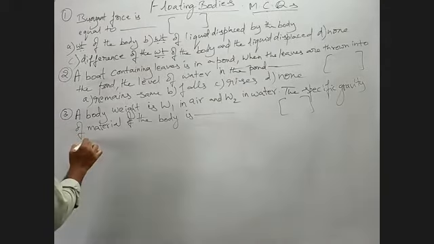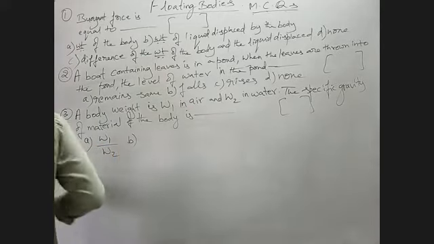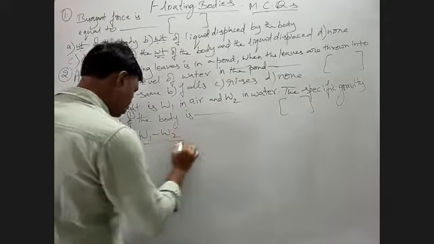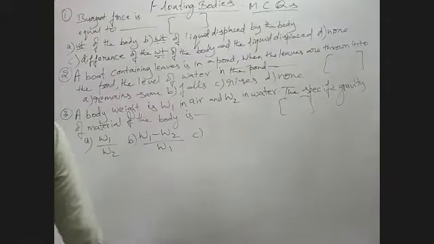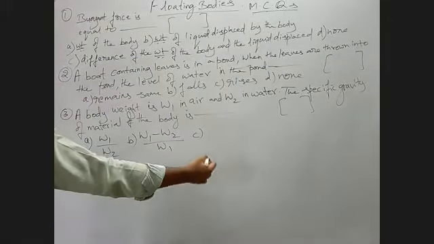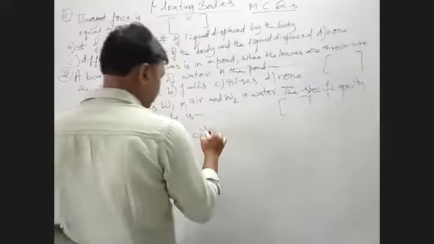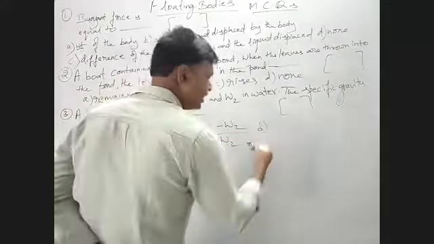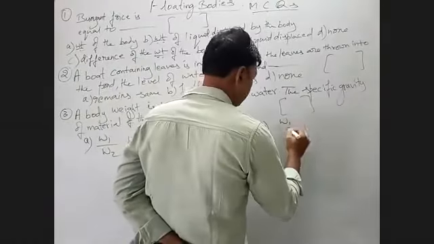Options: A is W1 by W2; B, W1 minus W2; C, W1 minus W2 by W1; and D, W1 minus W2 by W2.